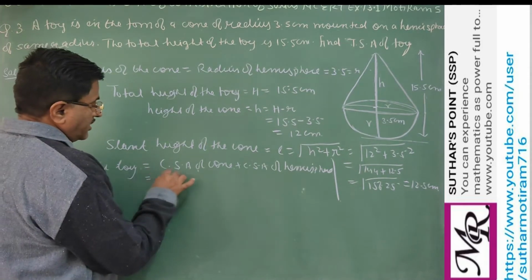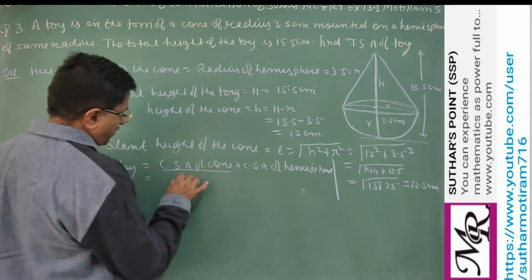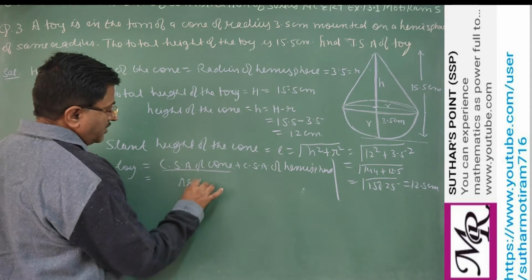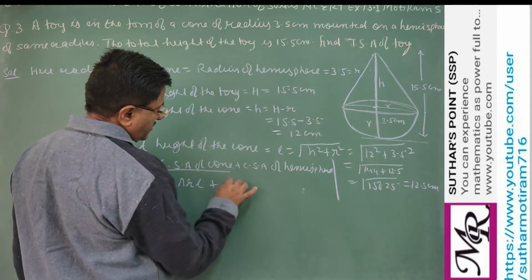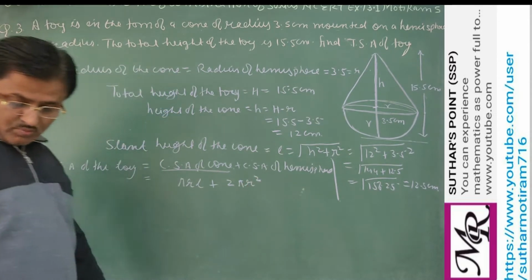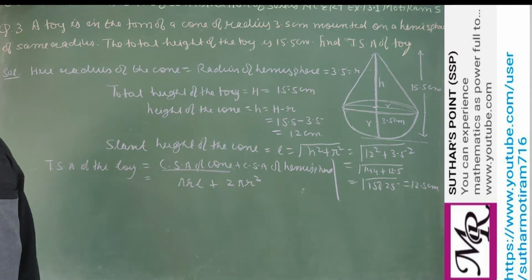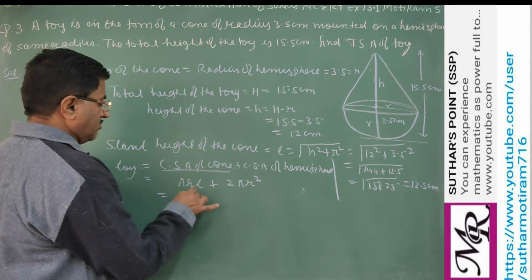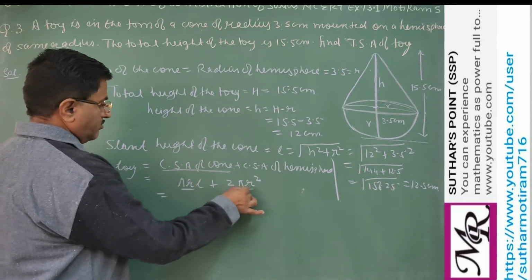Now we know that the curved surface area of the cone is pi r l, and the curved surface area of the hemisphere is 2 pi r square. Clear? Here r is the same, that's why we write this formula. Now you can take pi r common in both.